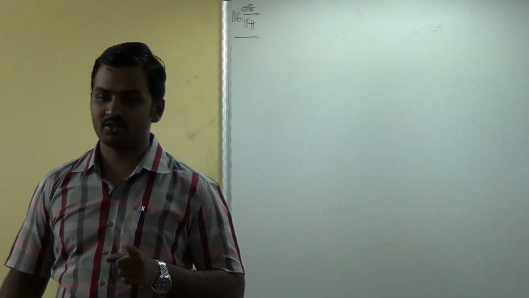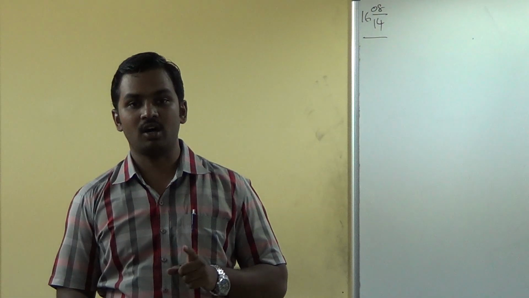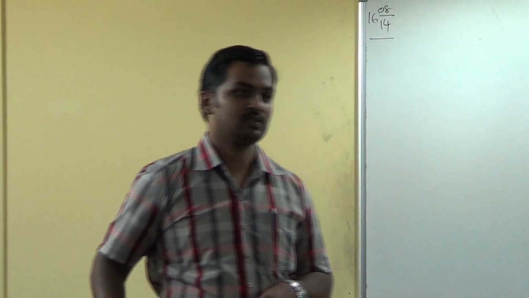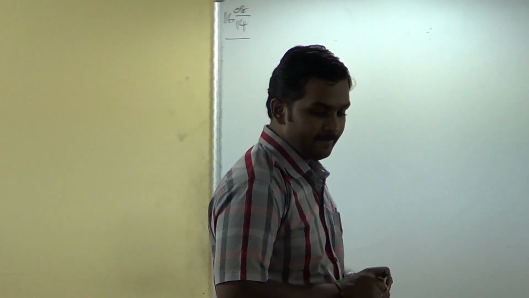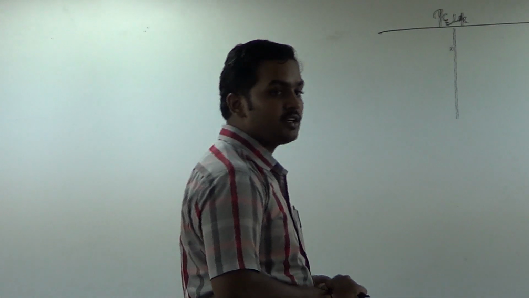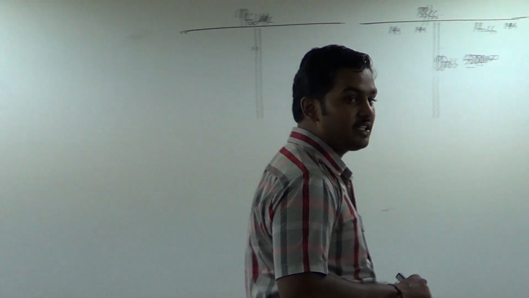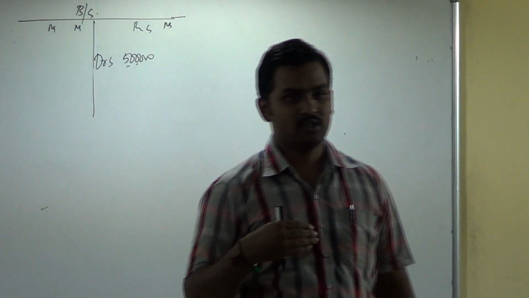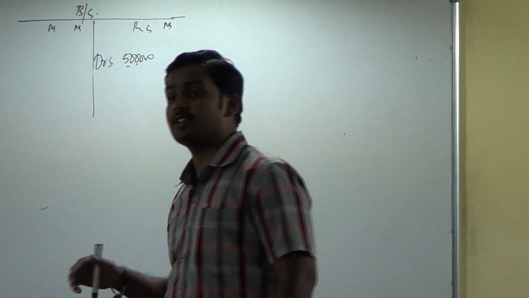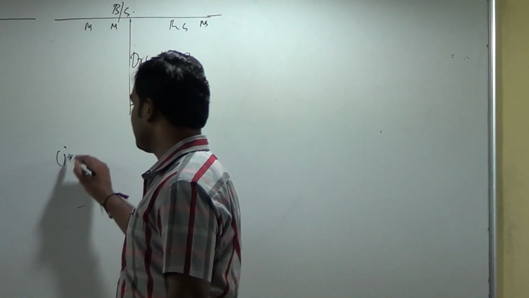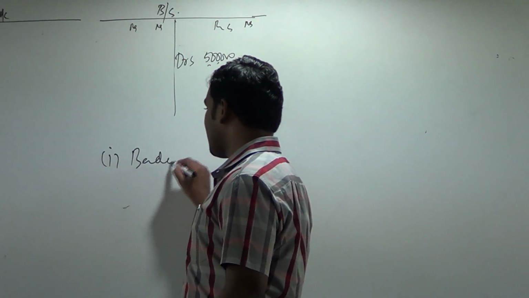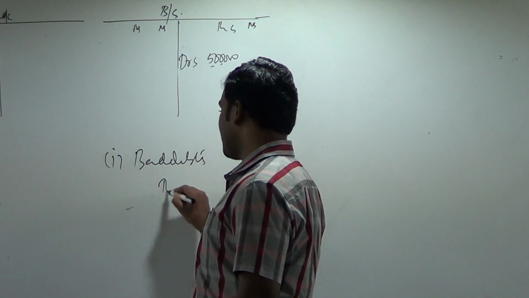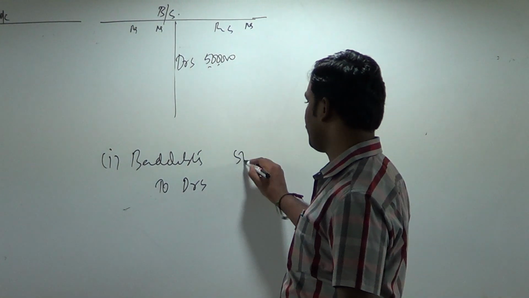Don't mug up the adjustments. You should understand the logic behind those adjustments. Now tell me what is the adjustment? Write off bad debts 50,000. Bad debts have not been written off. Now we have to write off. So what are the entries you have to pass for bad debts written off? Bad debts account debit to debtors account 50,000.